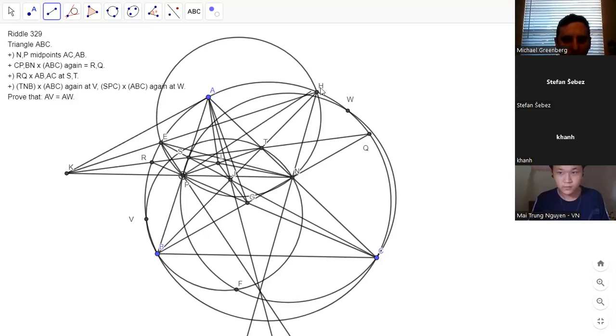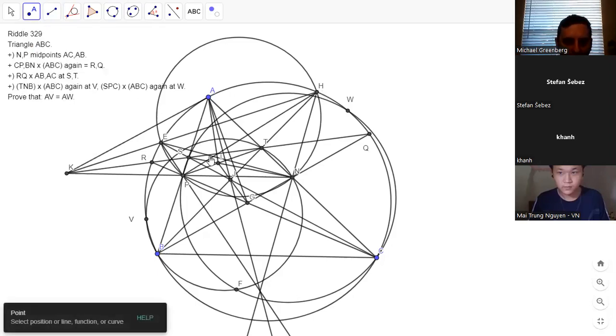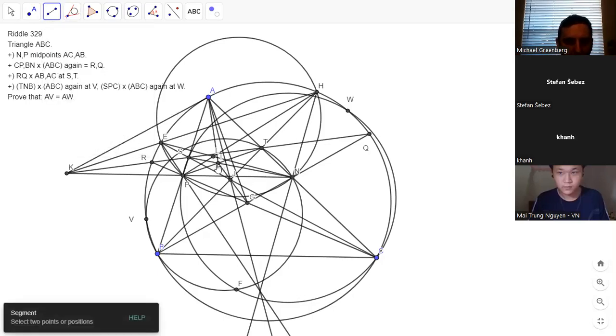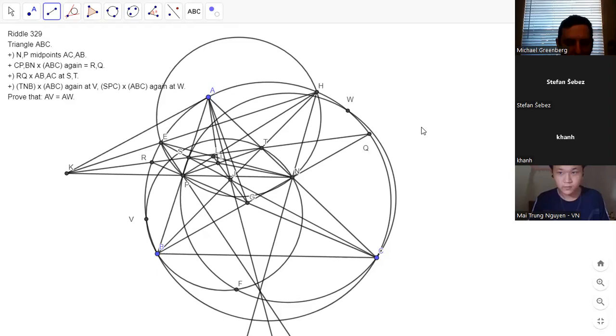Okay. EN and PH also intersect on IG. So yeah, I wonder if that's like using Pappus. It's not that obvious right now to me why, but it definitely looks true from the diagram.